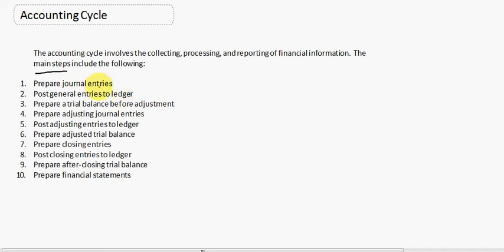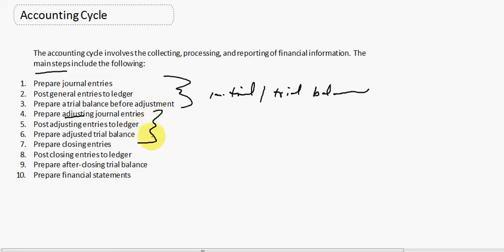Number one, you prepare your journal entries, then you post the journal entries to the ledger, and then prepare a trial balance before adjustment. So this is basically your initial step and your trial balance. The next step, step 4, you prepare adjusting journal entries, post adjusting entries to the ledger, and then an adjusted trial balance.